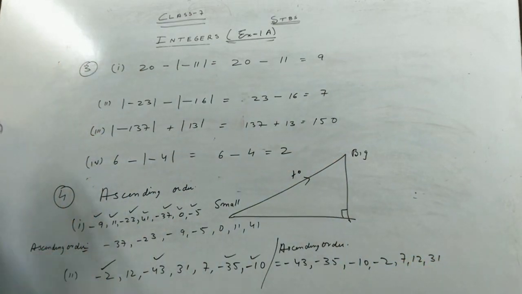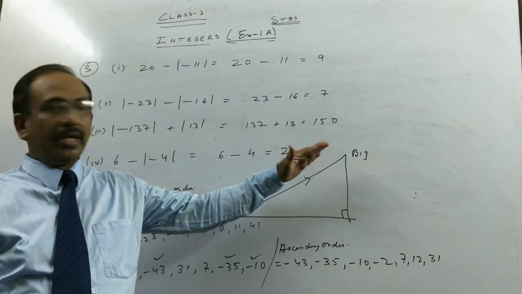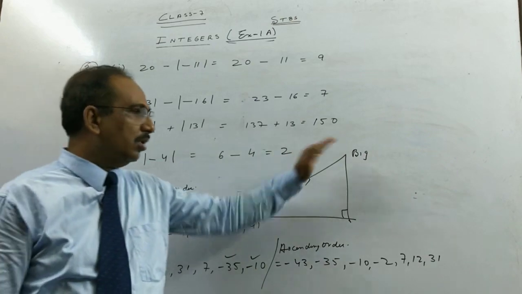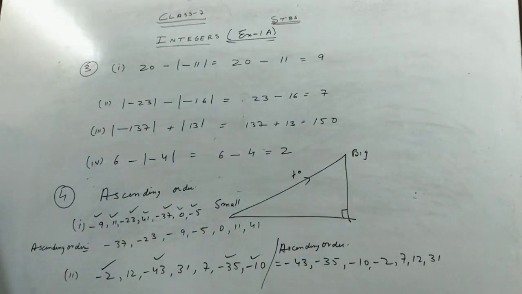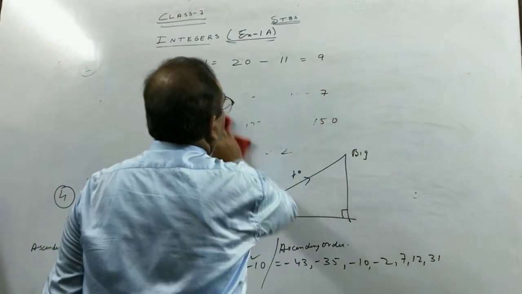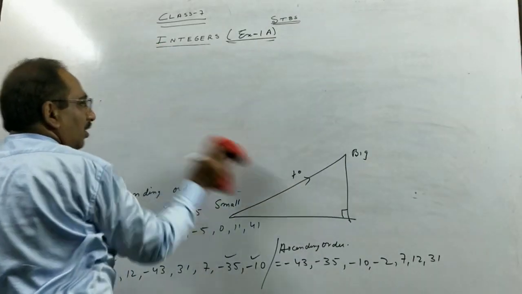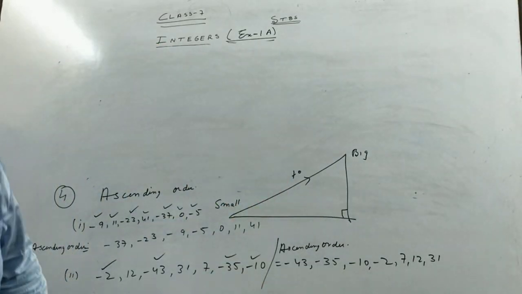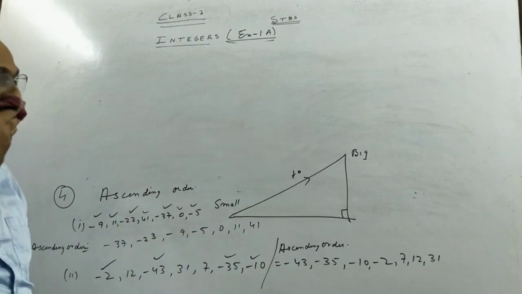Remember, you can think of ascending order as going up, from small to big. And the very last question we will see is descending order. Descending order, students, you can draw a very similar diagram like this.